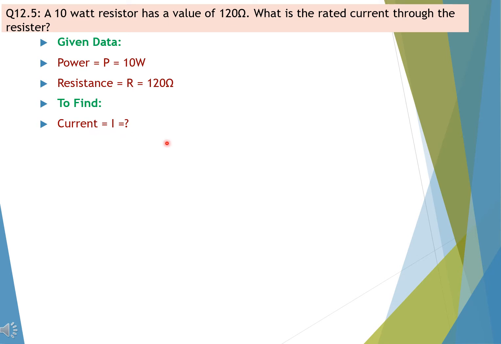As we have power and resistance, we can use the formula P is equal to I square R for calculating current.